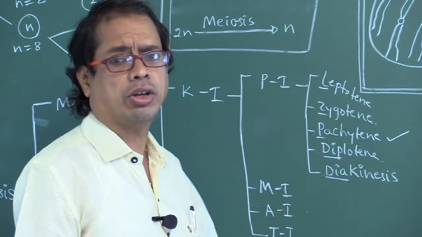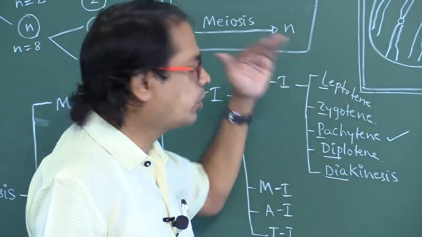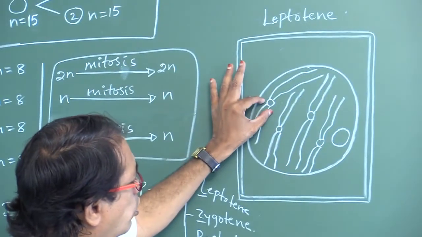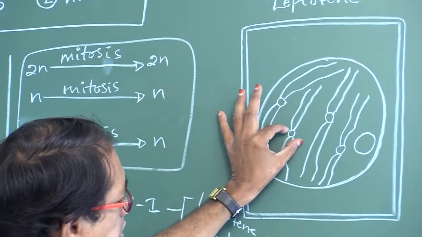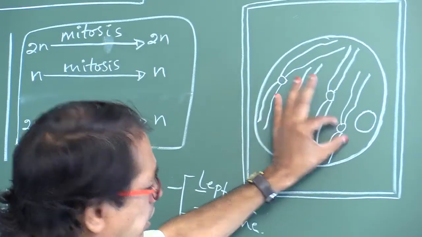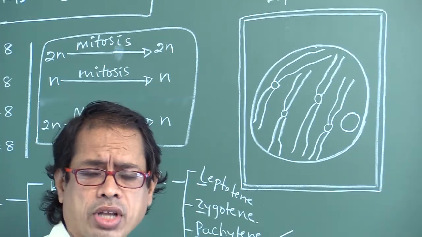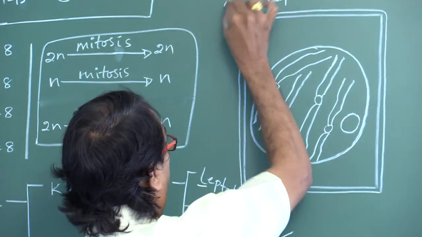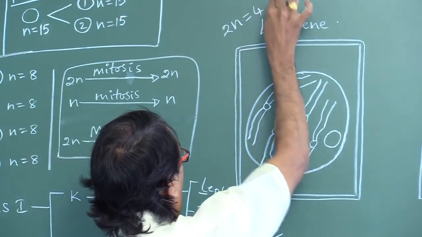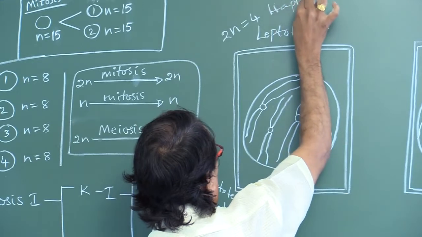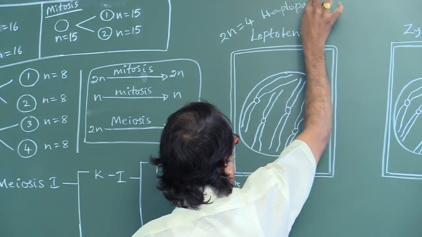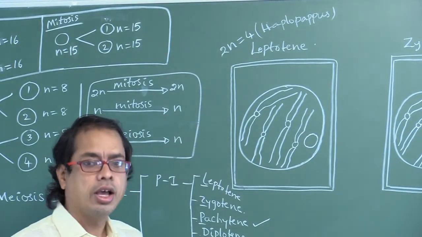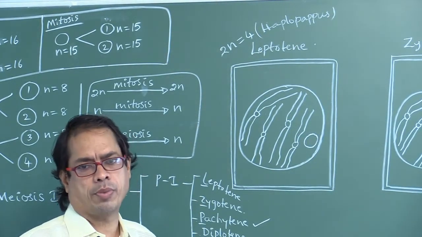Leptotene: this is the diagram of leptotene. These are the chromosomes. Total how many chromosomes are there? 4 chromosomes. 2n is equal to 4, which belongs to Haplopappus. We are studying in terms of an organism called Haplopappus.